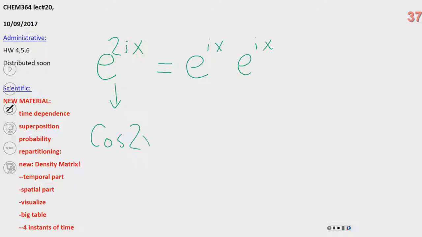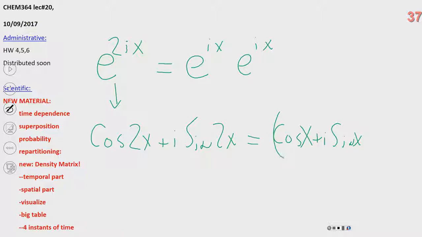Cosine 2x plus i sine 2x on the left side, and on the right it will be cosine x plus i sine x, basically squared, times cosine x plus i sine x. And then open the brackets.